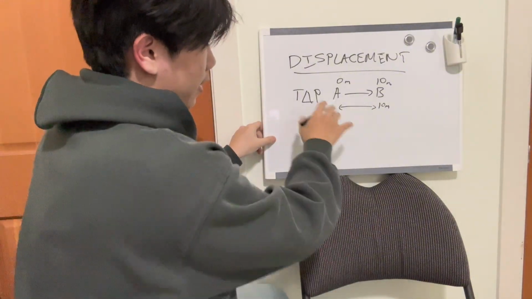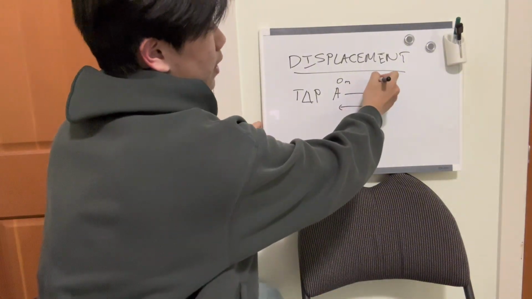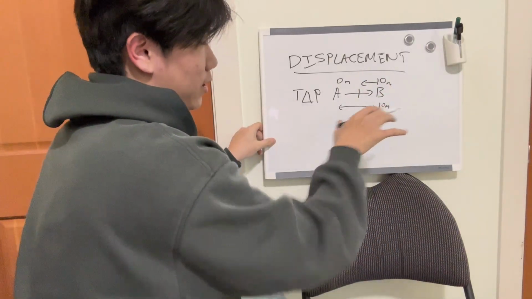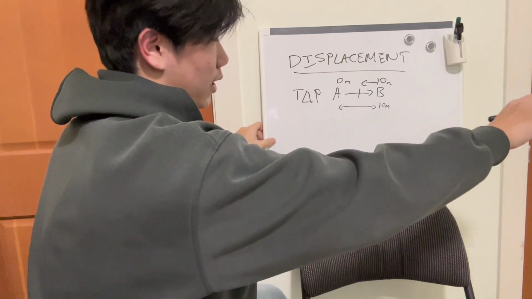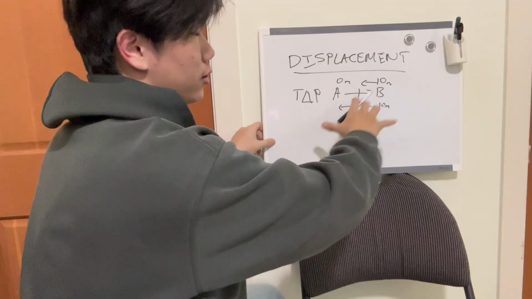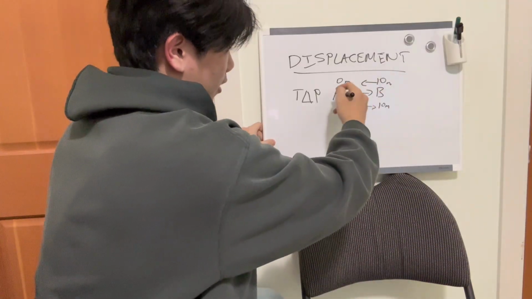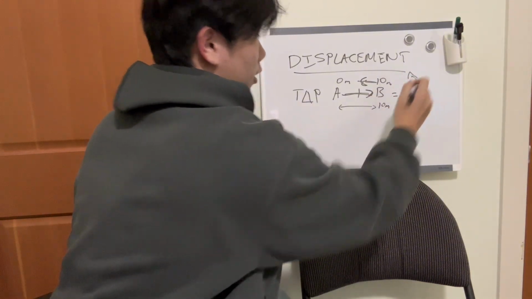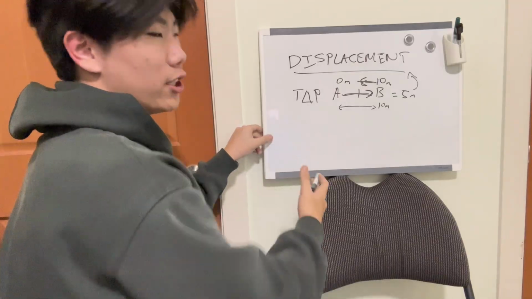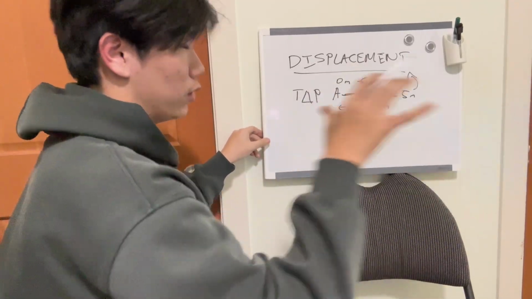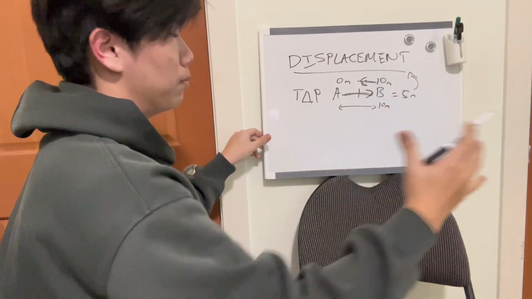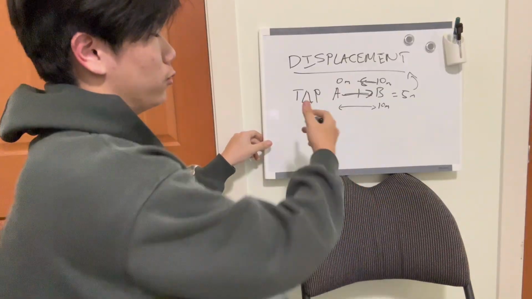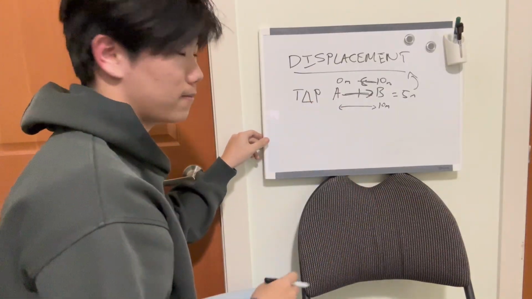Now, if I walk to point B and then turn back halfway, I went 10 meters that way, but then I go back 5 meters, so it would be 10 meters minus 5 meters. So the displacement is 5 meters. Displacement is the total change in position. If I go forward, I will add. If I go backwards, I will minus. Therefore, if I move forward 10 meters and then turn back 5 meters, my total change in position is 5 meters.